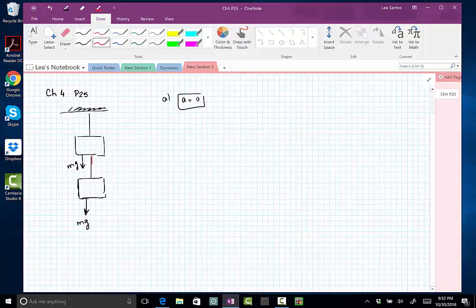Through the rope, it tries to pull it down, so I'll call it the tension between the buckets. The top bucket reacts and tries to pull it up. So these two forces have the same magnitude, opposite direction.